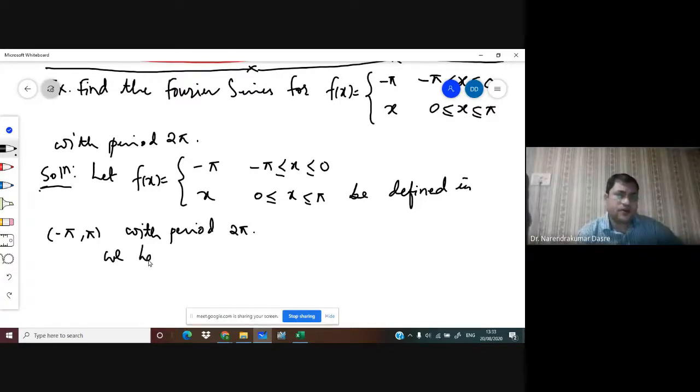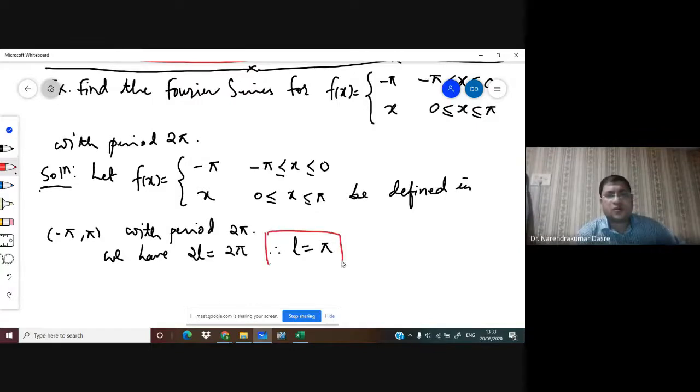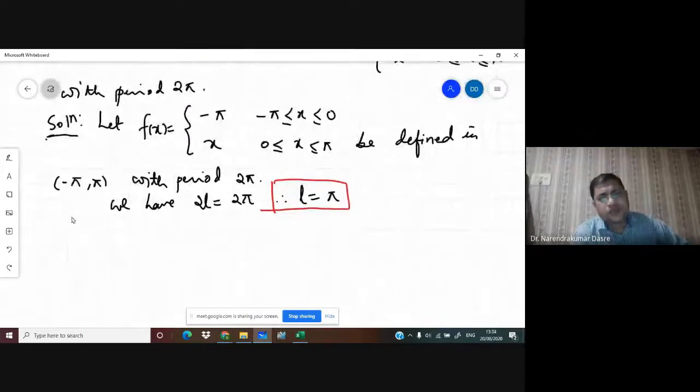Okay, so we have 2L is equal to 2 pi, and hence L is equal to pi. Okay. So now see, the interval is given minus pi to pi.